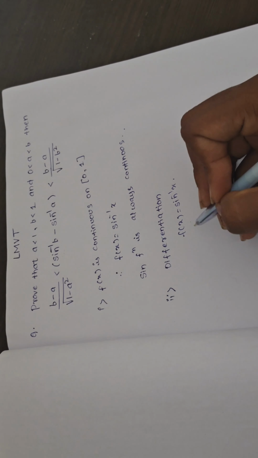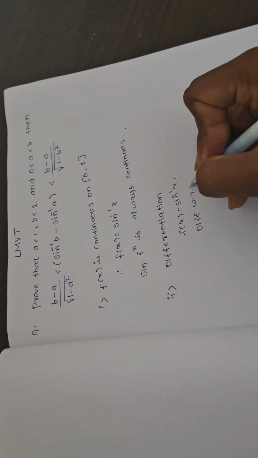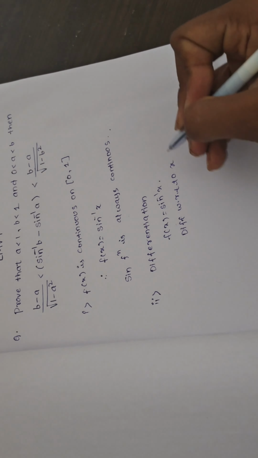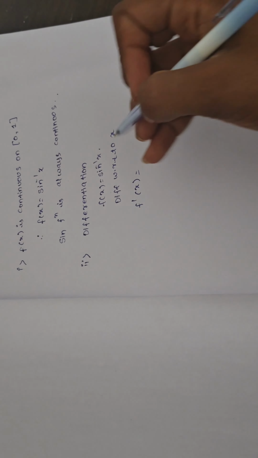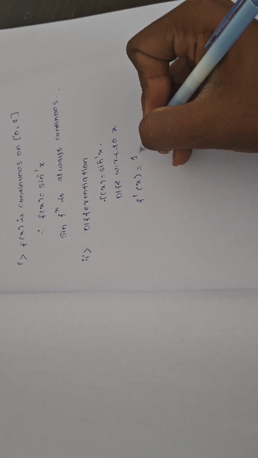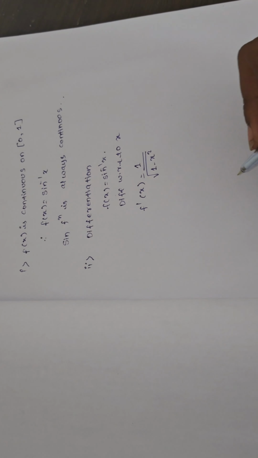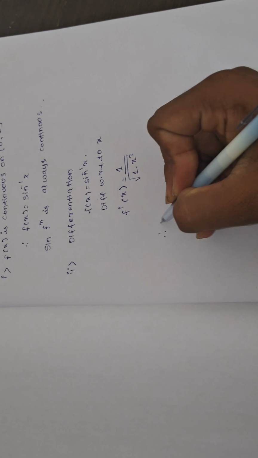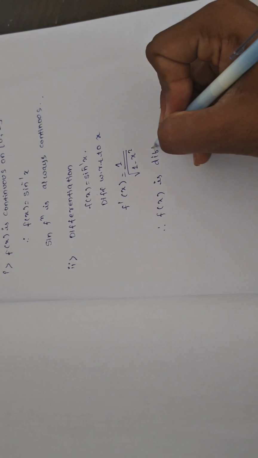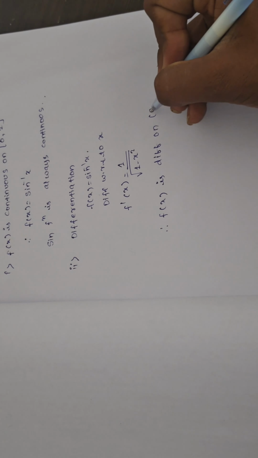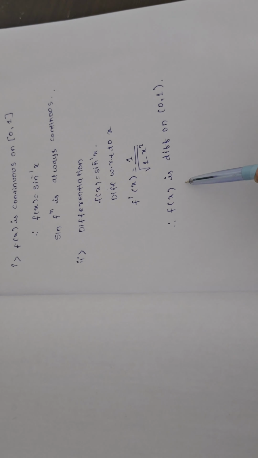Now differentiate with respect to x. f dash of x is 1 by under root 1 minus x square, right? f(x) is differentiable on 0, 1. Hence both conditions are true.